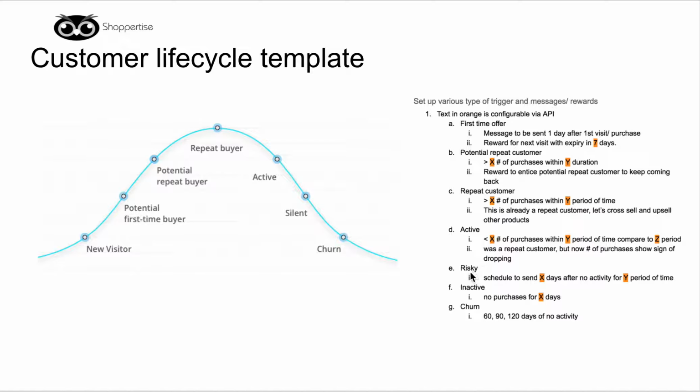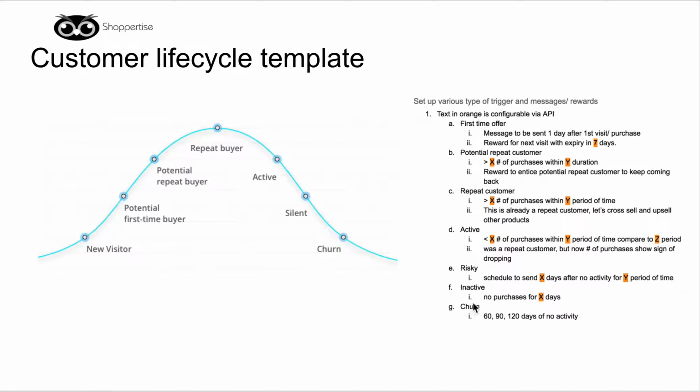So we can define it here. Then the system will schedule to send after X days, after there's no activity for Y period of time. So this customer has not visited the website maybe, or has not made any consultation. The system can send a very personalized kind of message to remind them to come back, things like that.